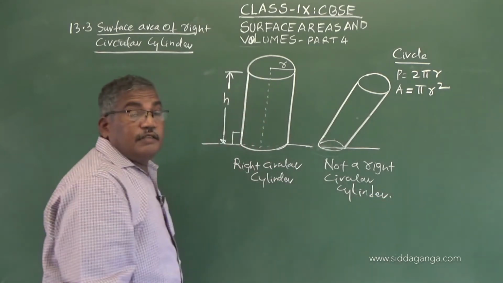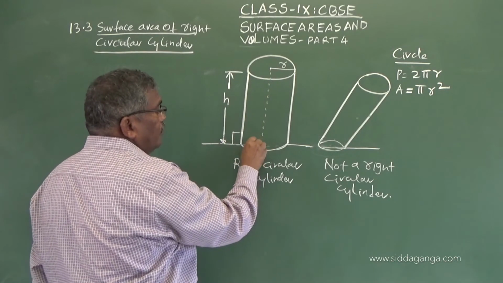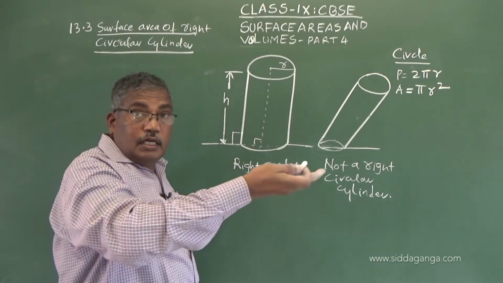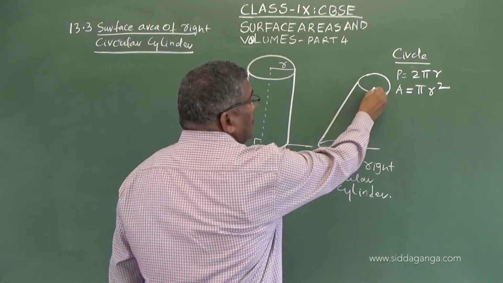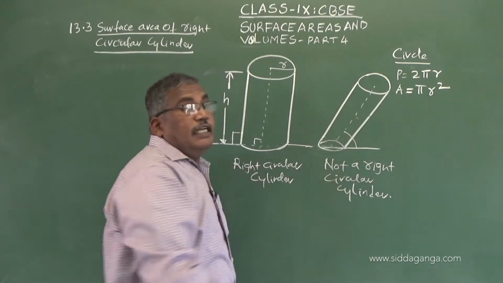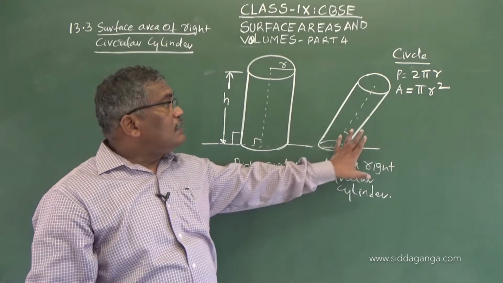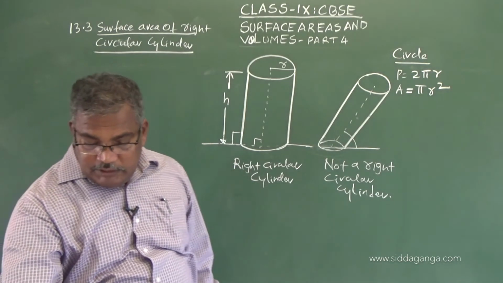The reason is it can stand, the central axis is perpendicular to the ground or base. Here it is not the case. It is making some other angle other than 90 degrees. So therefore, this is not a right circular cylinder.